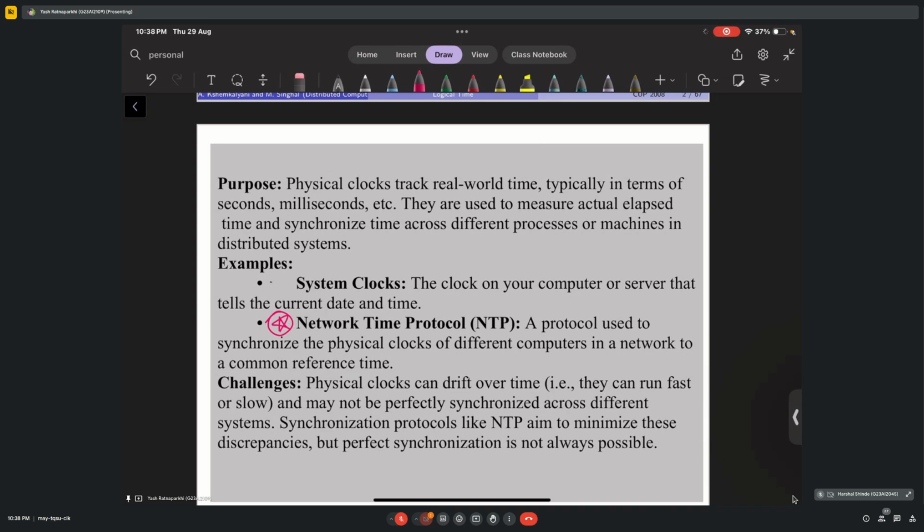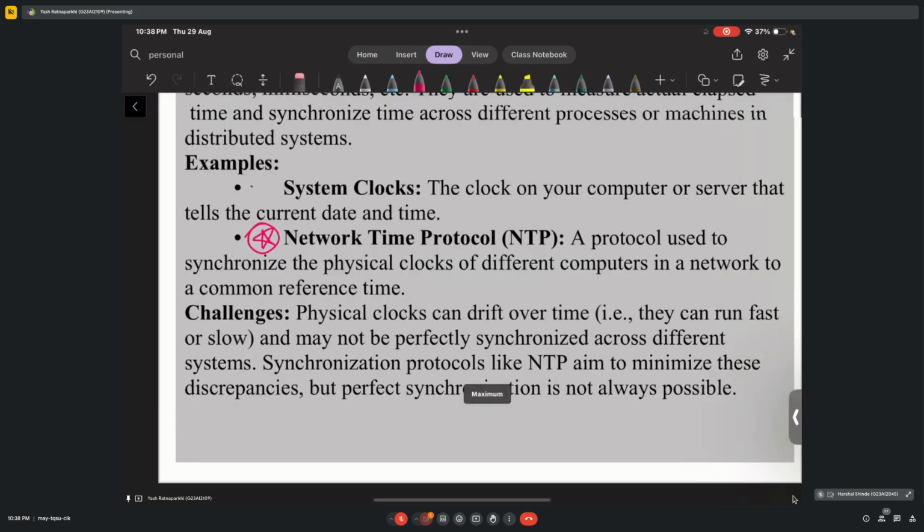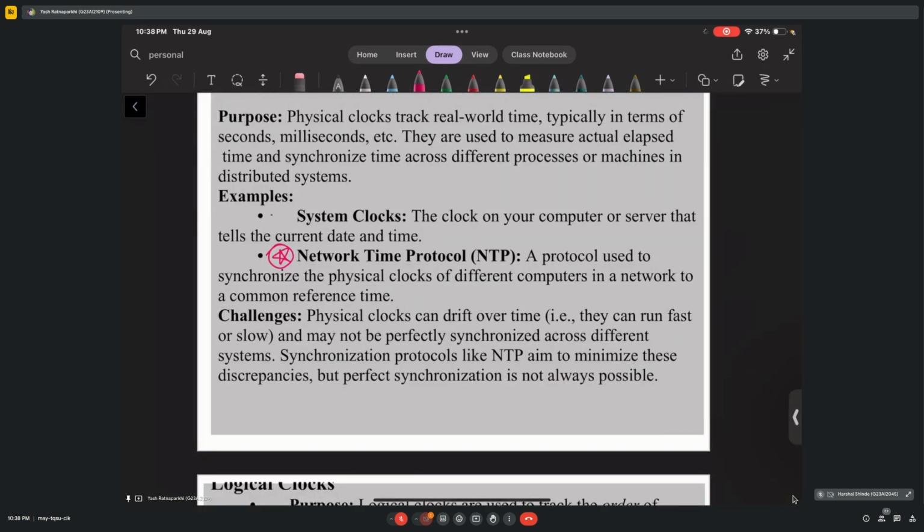But what was the challenge with it? Physical clocks can drift over time. They can run fast or slow, and may not be perfectly synchronized across different devices or systems. Synchronization protocols like NTP aim to reduce this, but in a nutshell it was still creating discrepancies and issues in handling events with respect to time.